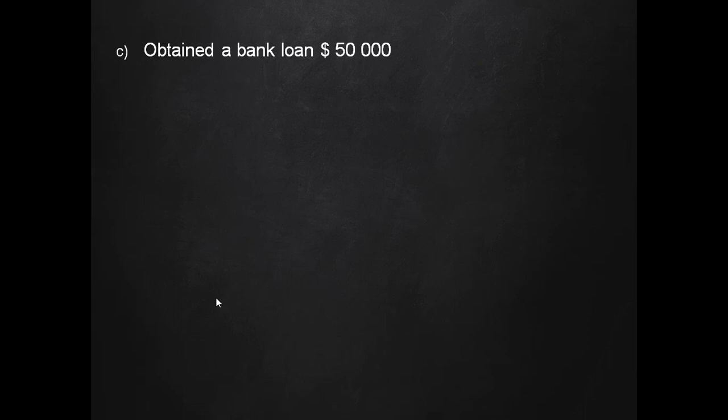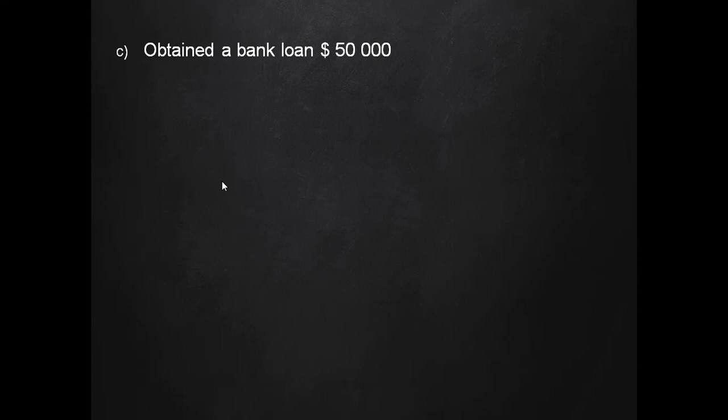C. Obtain a bank loan of $50,000. Now you know a bank loan is a liability. Right? A loan is a liability. Since it is cash that was borrowed, the asset called cash will increase by $50,000.